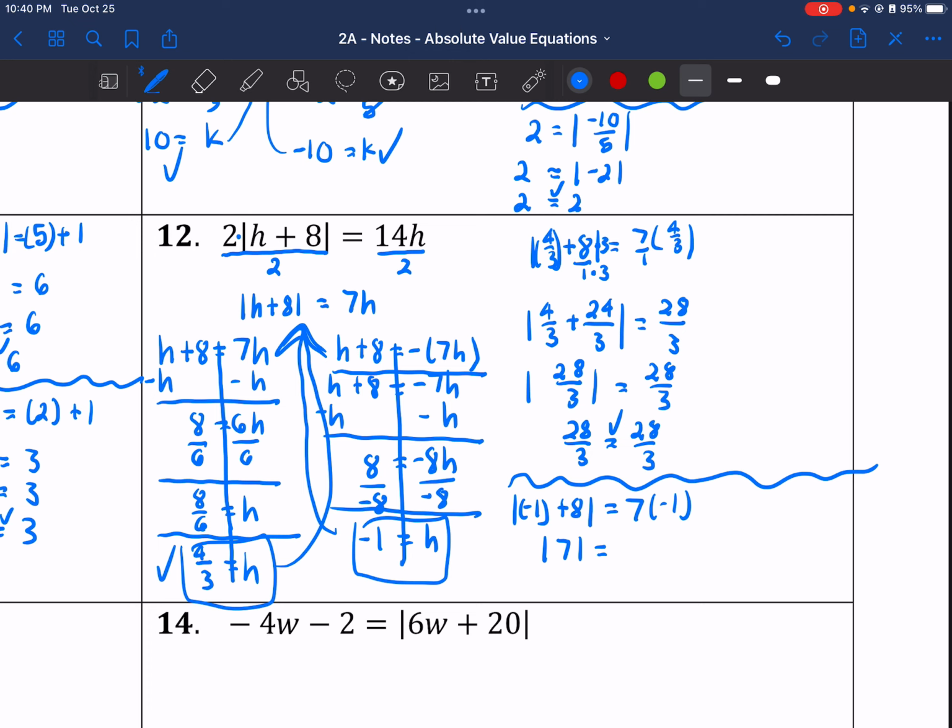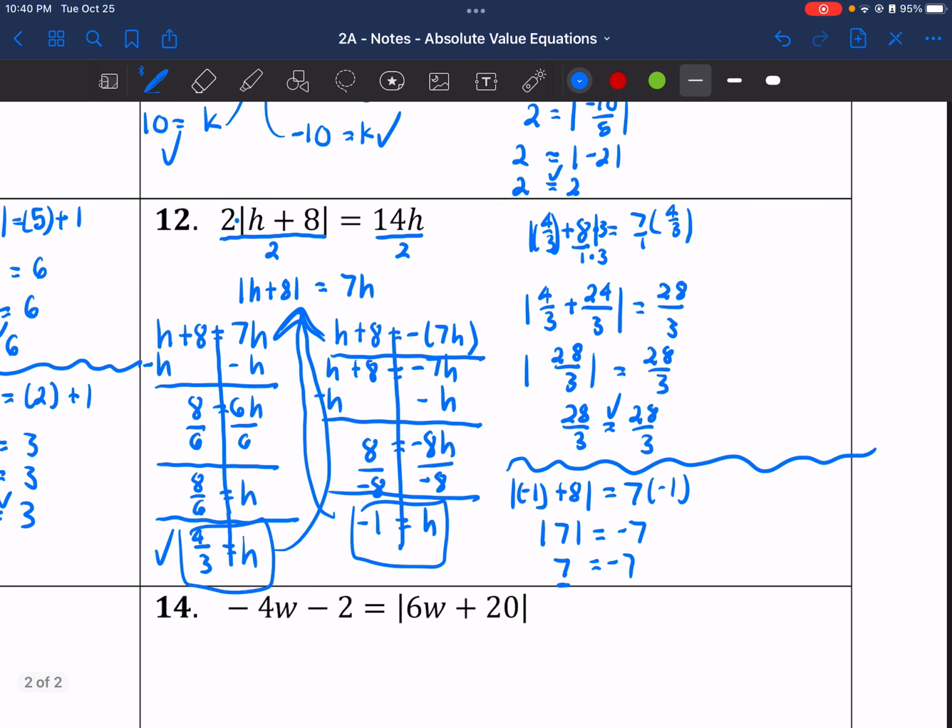And then 7 times negative 1 is negative 7. So we get 7 is equal to negative 7. Well, 7 does not equal negative 7. That is never true. Since we have two different numbers on either side of the equal sign, these do not equal each other, and that means h is equal to negative 1 is an extraneous solution.